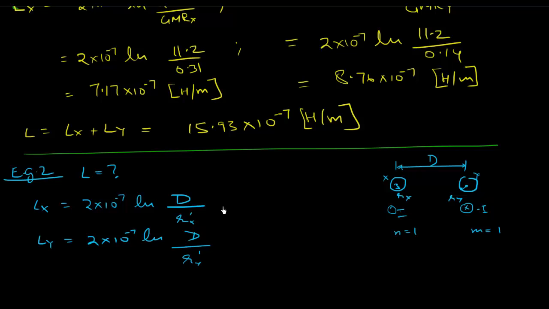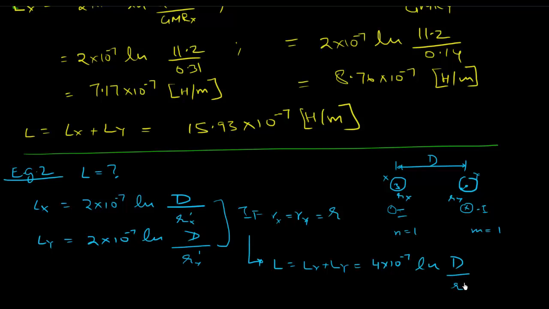Now, if the radius of both these conductors is the same, if Rx is equal to Ry is equal to, let's say, radius r, then we can write L as being equal to Lx plus Ly being equal to 4 into 10 to the power minus 7 ln of D over r prime, where r is the radius of both of these conductors.